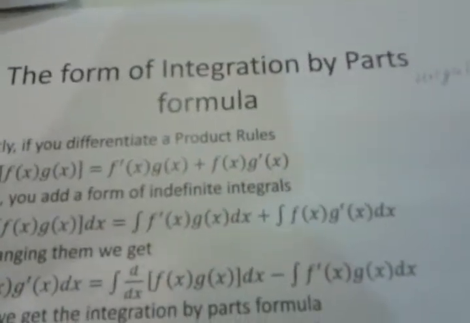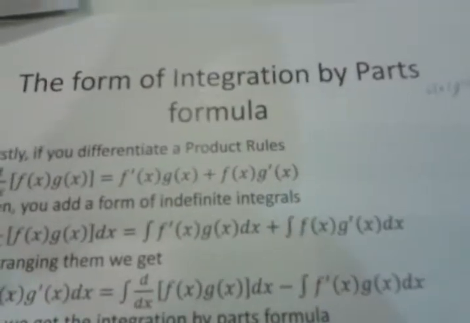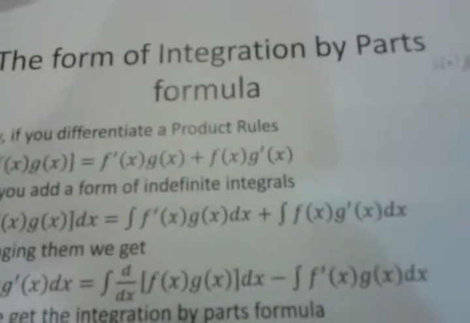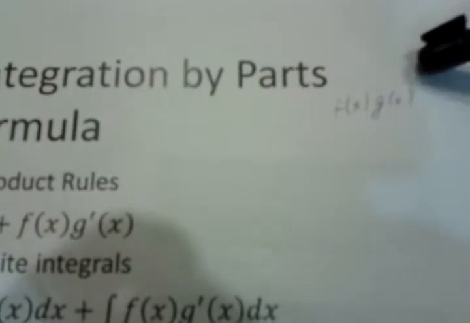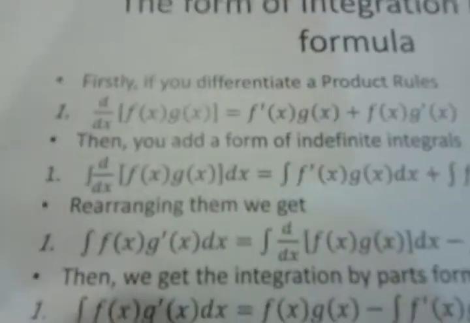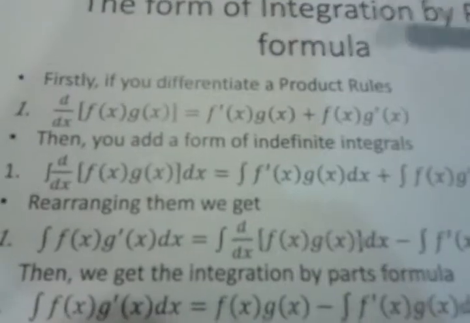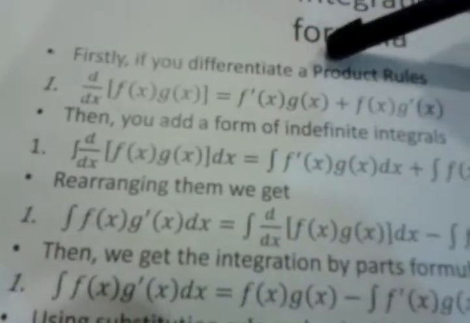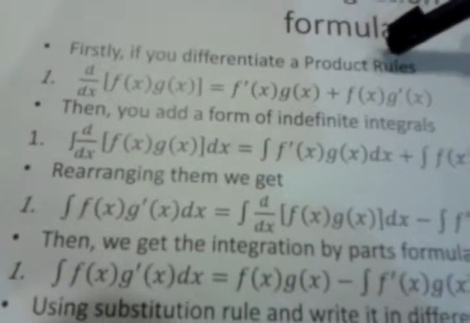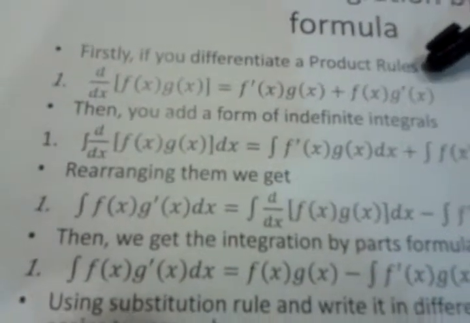So we know that integration by parts is used to calculate product functions. A product function is like this. Firstly, we must differentiate using the product rule. We differentiate f(x)g(x), and we get f'(x)g(x) plus f(x)g'(x).